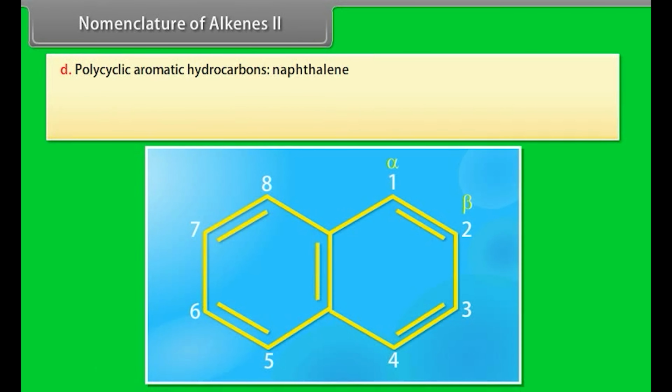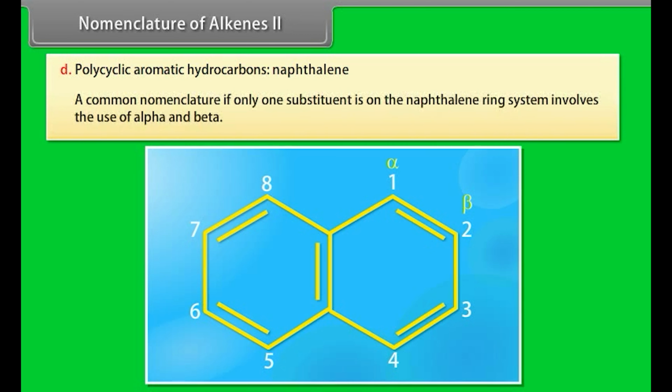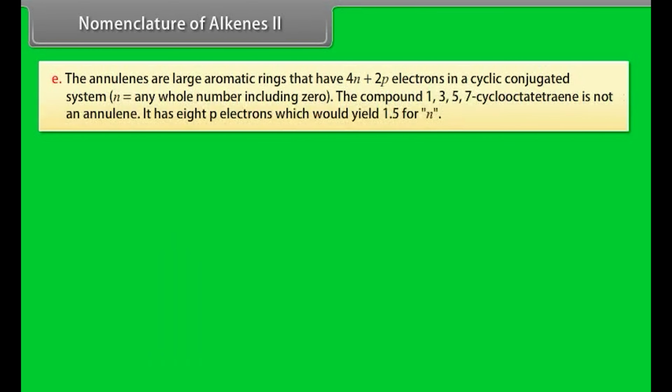D. Polycyclic aromatic hydrocarbons that you should know include naphthalene. A common nomenclature if only one substituent is on the naphthalene ring system involves the use of alpha and beta. E. The annulenes are large aromatic rings that have 4n plus 2 pi electrons in a cyclic conjugated system.